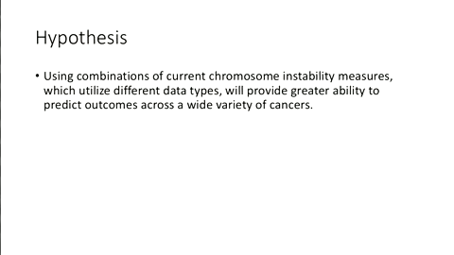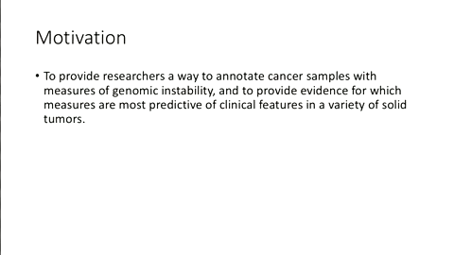So the hypothesis is that using combinations of these current chromosomal instability measures, which utilize different data types, will provide a greater ability to predict outcomes across a wide variety of cancers. And the motivation for this is that this will provide researchers a way to annotate the cancer samples with these different measures of genomic instability, and to be able to provide evidence for which measures are most predictive of clinical features in a variety of solid tumors.